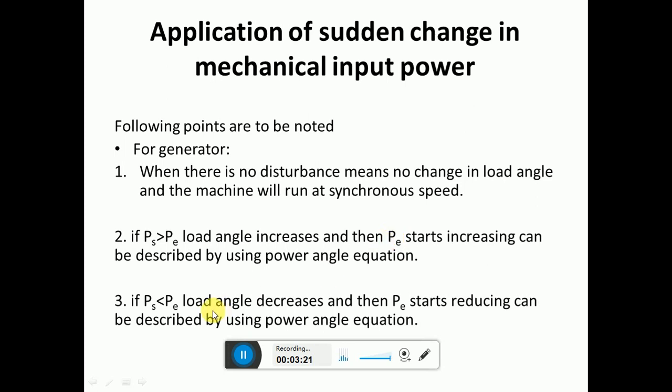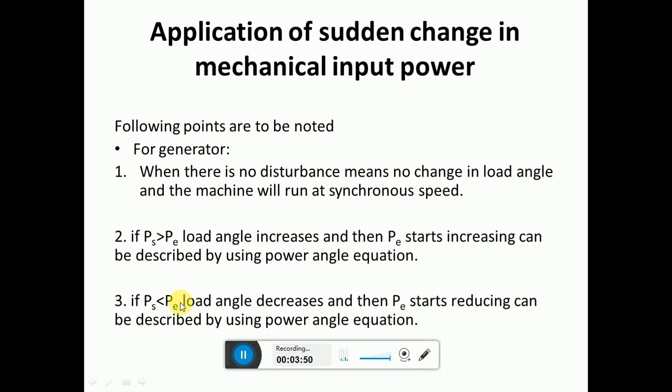Similarly, when PS is less than P, meaning mechanical input power is less than electrical output power, the accelerating power, which is the difference between mechanical and electrical power, will be negative, meaning deceleration.